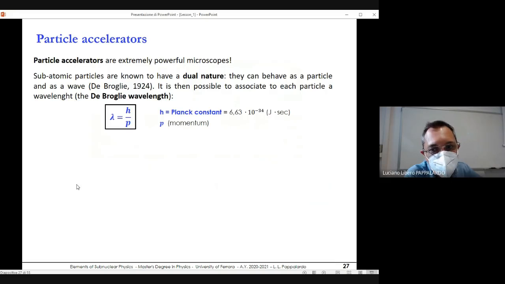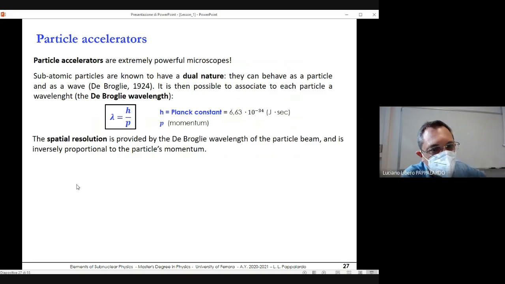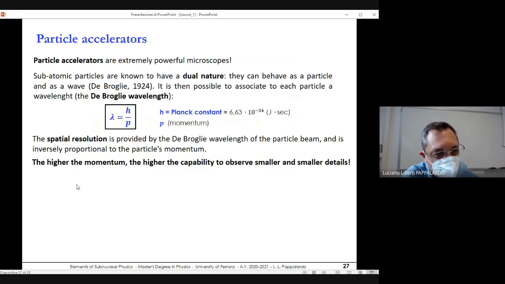So it is possible to associate to each particle a wavelength that we call the de Broglie wavelength, which is the ratio between the Planck constant and the momentum. The spatial resolution is provided by the de Broglie wavelength of the particle beams, and it is inversely proportional to the particle momentum. This implies that the higher the momentum of your particle beam, the higher the capability to observe smaller and smaller details.